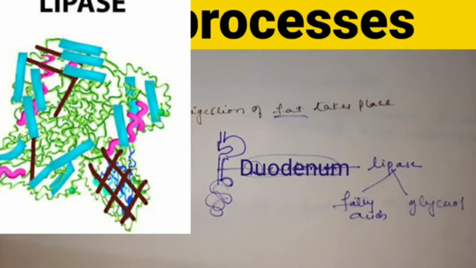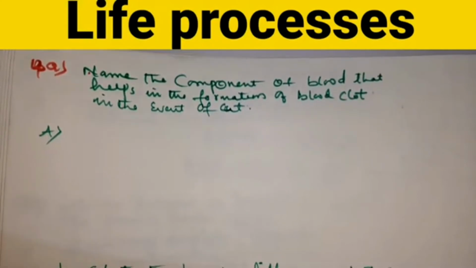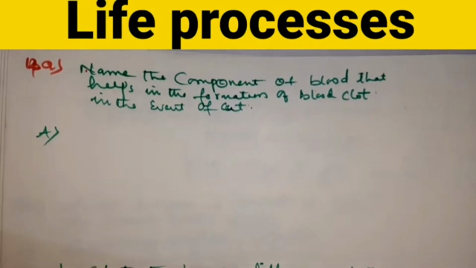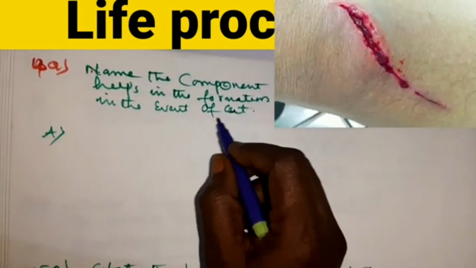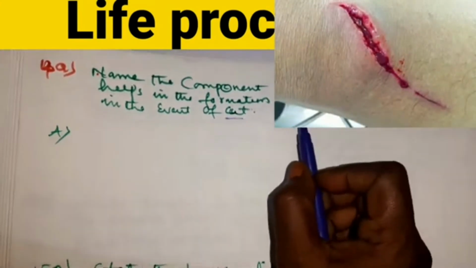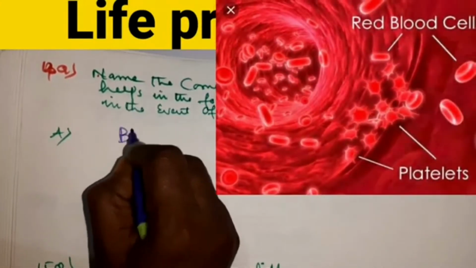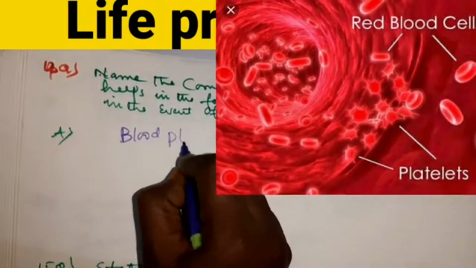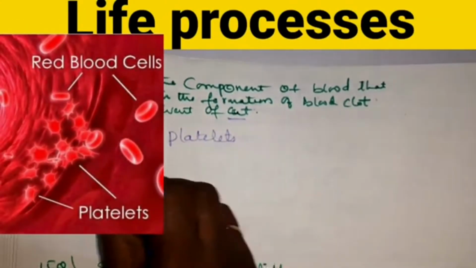Name the component of blood that helps in formation of blood clot in the event of a cut. So if you have a cut or wound, what makes the blood clot? It is blood platelets, children. So blood platelets help in clotting of blood.